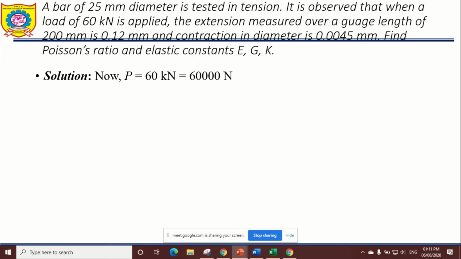So we convert the value of load into Newton: 60 kilonewton is 60,000 Newton. Then can we find out the area? Area will be equal to pi by 4 d square, that is 156.25 pi.